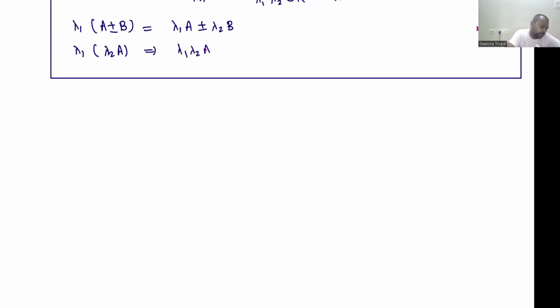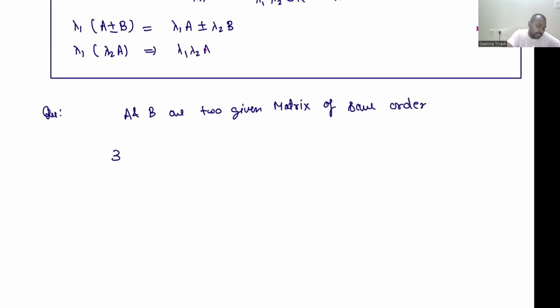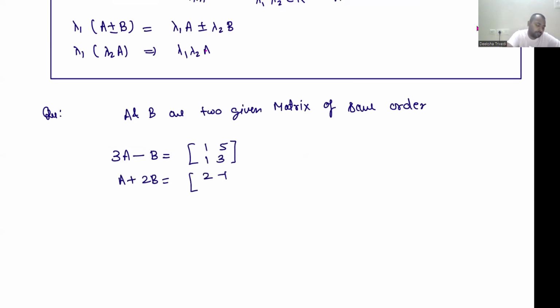Now for this we need to solve one question. The question is: A and B are two given matrices of the same order. 3A minus B is 1, 5, 1, 3 and A plus 2B is 2, minus 1, 4, 9.